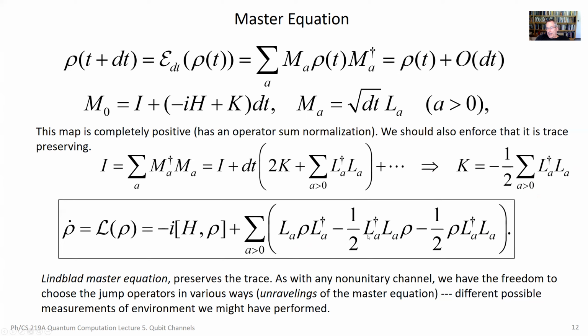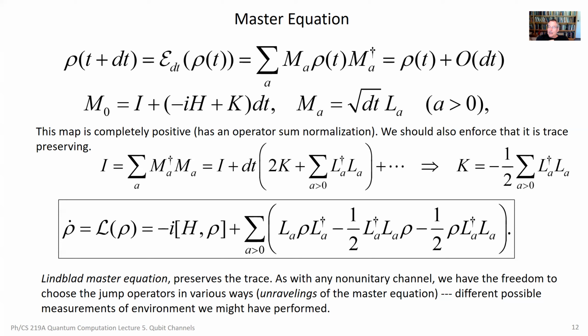And so in other words, I have a K times a rho, and I have a rho times K here. And then I've substituted for K this expression in terms of the jump operators. And that is the general form of the master equation, which describes the Markovian evolution of a density operator. Sometimes it's called the Lindblad master equation.